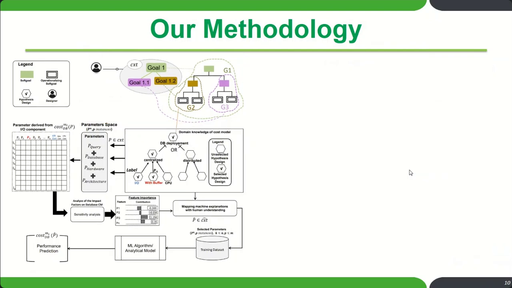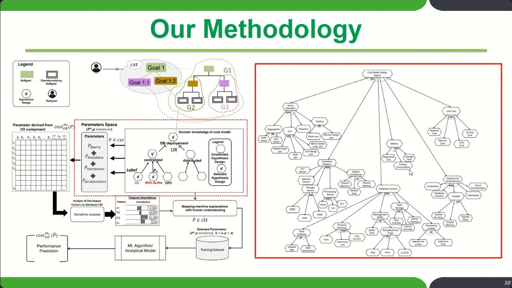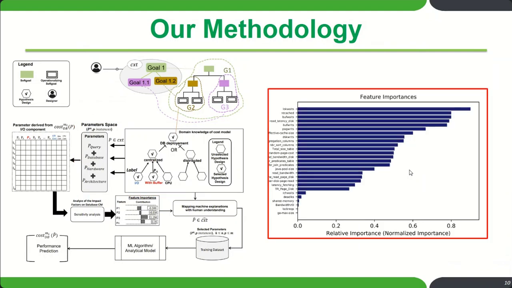Then, based on the manipulation of the goal model, we can provide a taxonomy of parameters related to many aspects, for example, query operations, metrics, and database systems. By using this taxonomy in an interactive way, the next step is to use machine learning techniques in order to compute the importance of each input variable of the formulas.